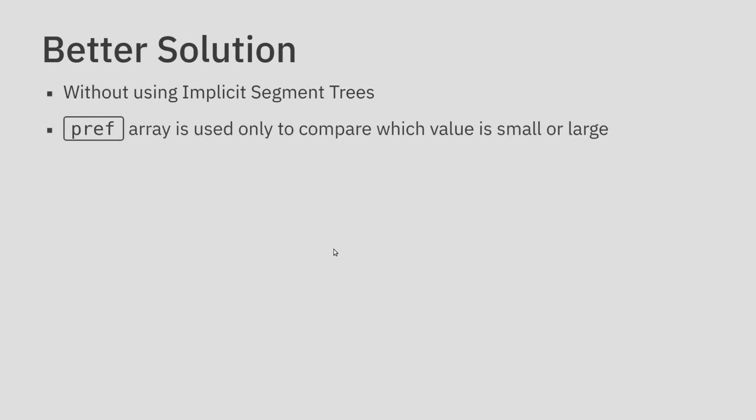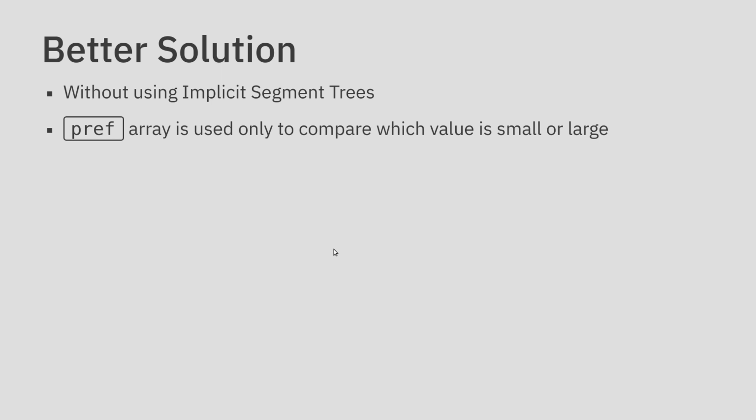Okay, so if this solution was a little bit complex, let's try and go over a better solution, if it's possible. I want to present a solution which does not use implicit segment trees. As you can observe, the prefix array's use is only to check which values are smaller or larger, right?